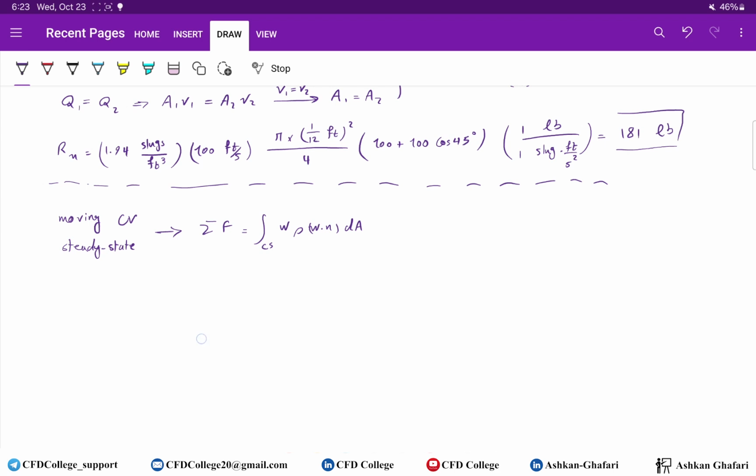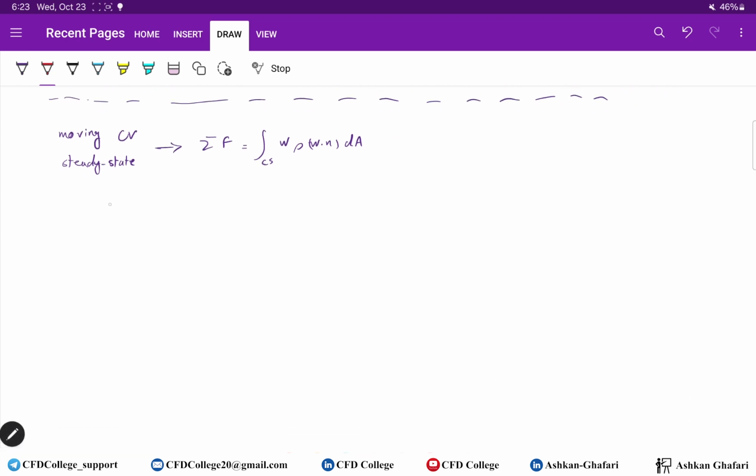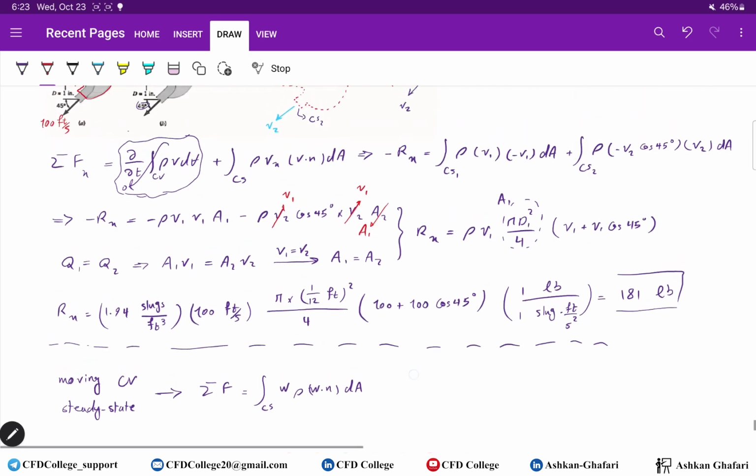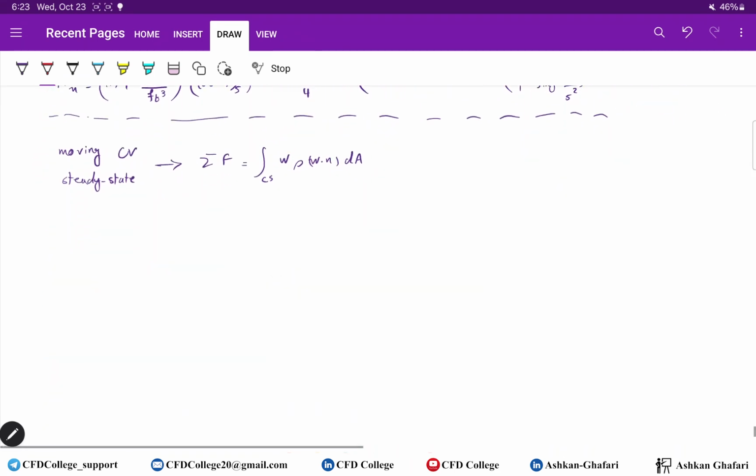So when you have, let me draw this again. When you have this control volume and you have this inflow V1 while the control volume itself is moving with C, for example, which is 10 feet per second.